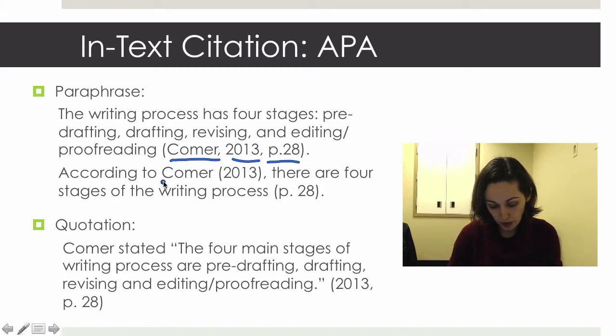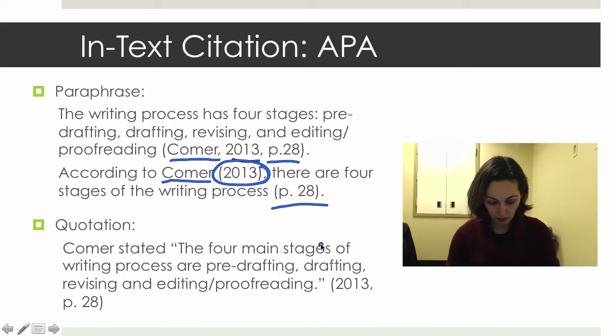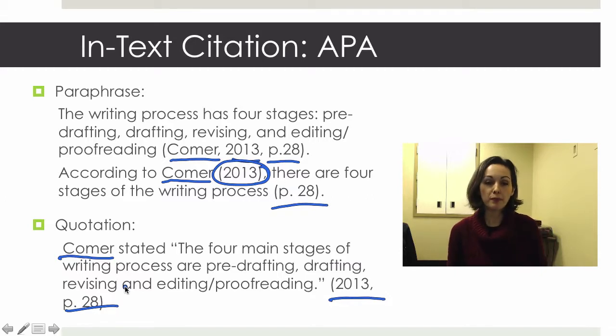You can give the name of the author in the sentence that you have, followed by the date in parentheses, and then you would have the page number at the end of your sentence. Similarly, if you have a quotation, you can start with the author's name, comma, stated, and then give the quotation, and end with the parenthetical citation with the date and the page number.